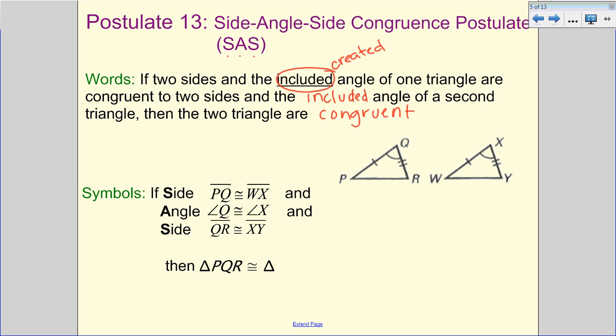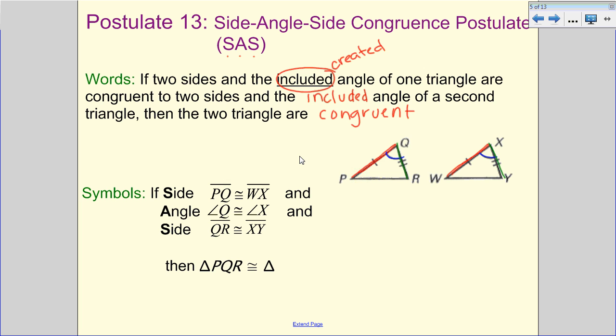So here's what side angle side is going to look like symbolically. If PQ is congruent to WX, and I know that because they each have one congruency symbol, and angle Q is congruent to angle X because they both have one congruency symbol. So I went from side to angle, and then QR is congruent to XY because they both have two congruency symbols.